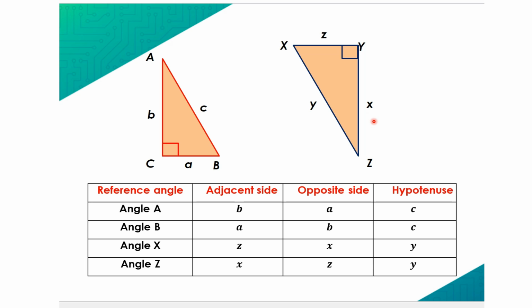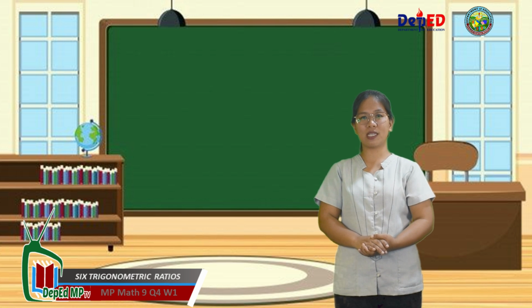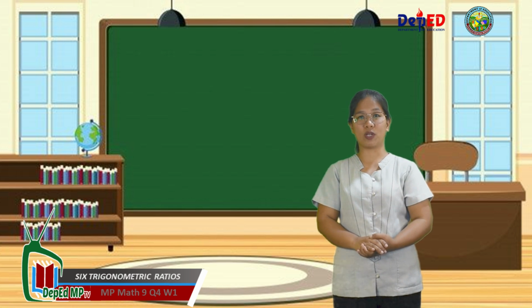If the reference angle is X, we will use the second triangle. The adjacent side is Z. The opposite side is X, and the hypotenuse is Y. And lastly, if the reference angle is Z, the adjacent side is X, the opposite side is Z, and the hypotenuse is Y. Were you able to identify the adjacent, opposite, and hypotenuse of the right triangles?